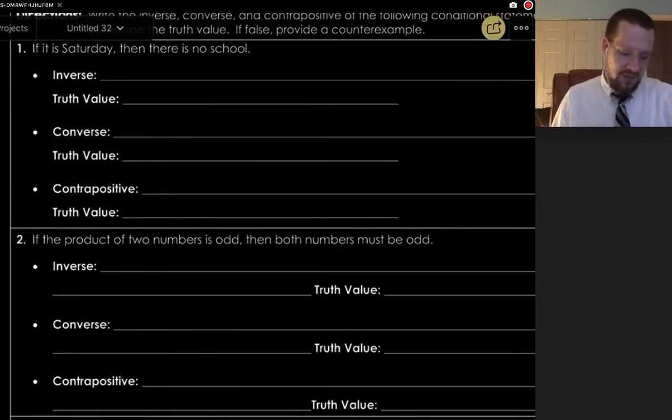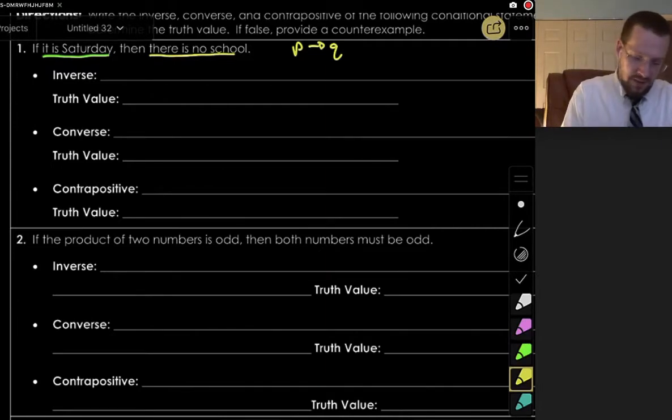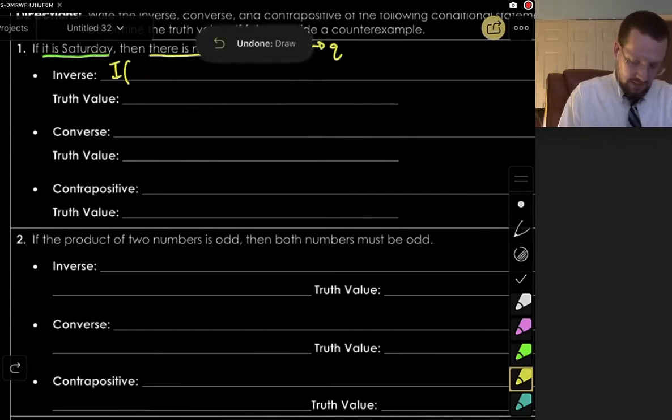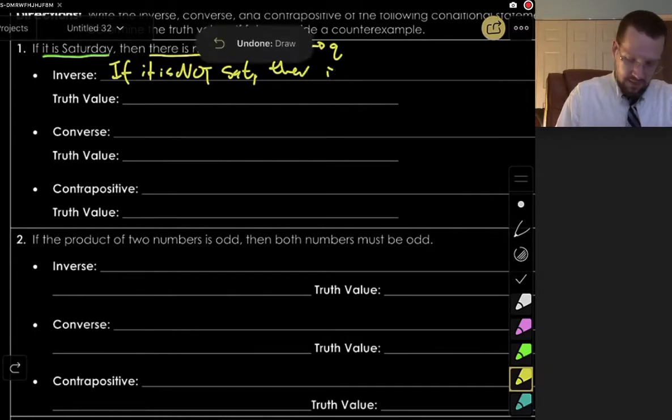It says, if it is Saturday, then there is no school. This would be our P, and this would be our Q, and this is P implies Q, right? So the inverse would be not P: if it is not Saturday, then there is school.